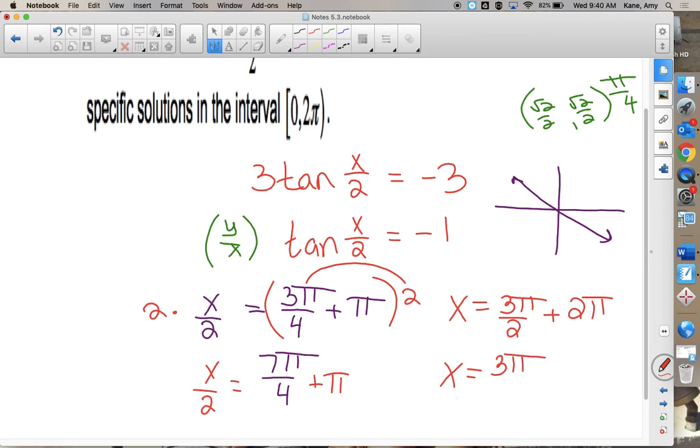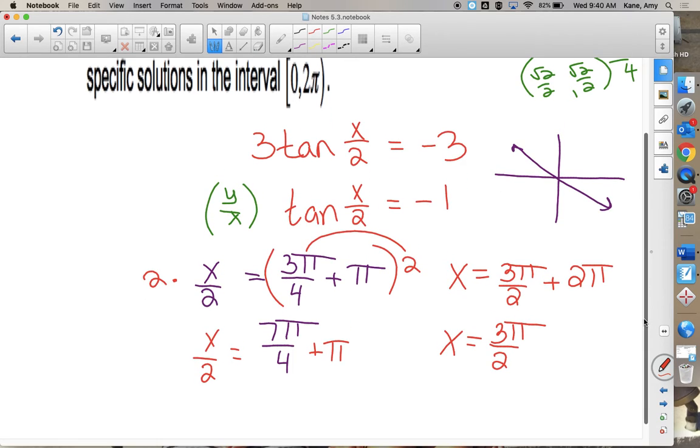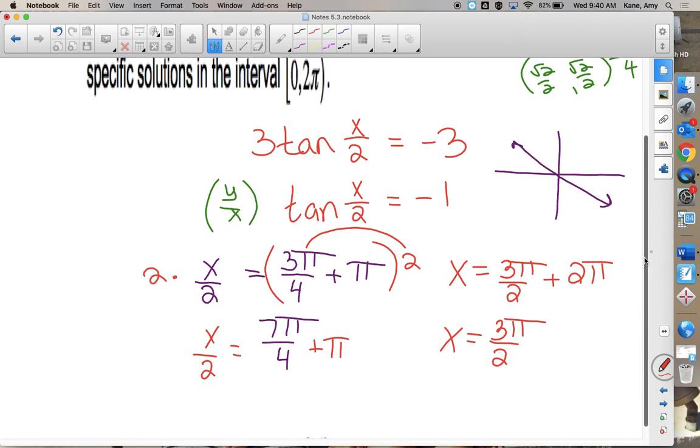That's my first answer. If you add 2 pi to that, what is 3 pi over 2 plus 2 pi? 7 pi over 2? How big are the angles supposed to be? Between 0 and 2 pi. So if I already have 3 pi over 2, which is down here, adding 2 pi to that, your answer is going to be bigger than necessary.